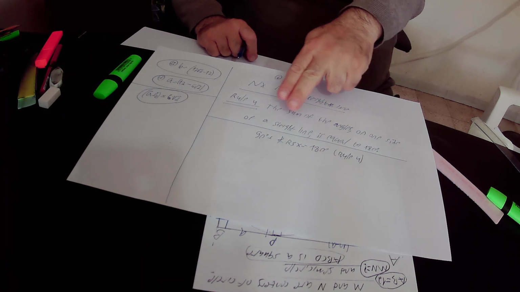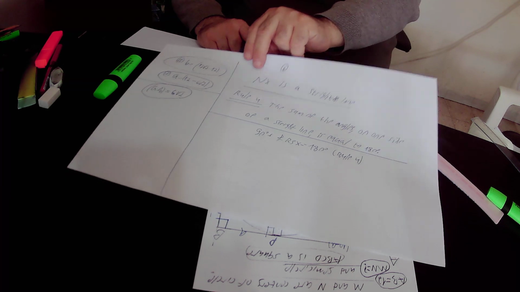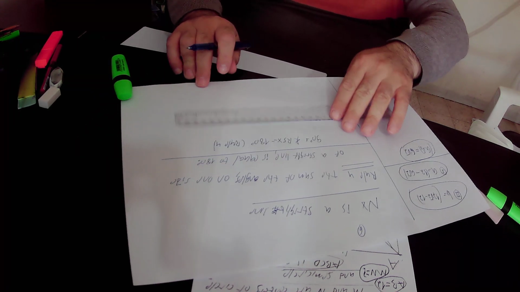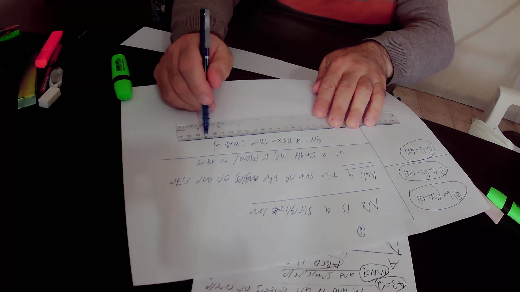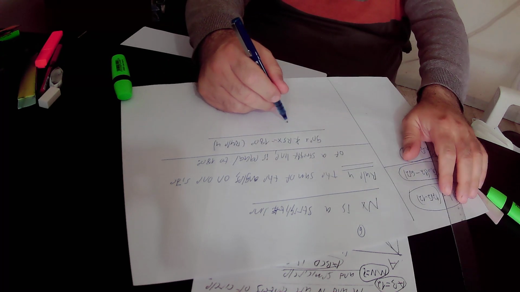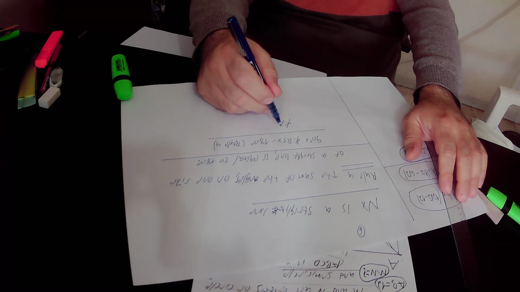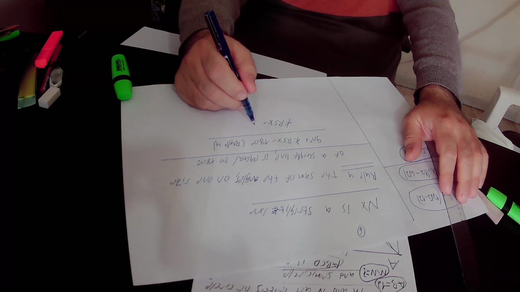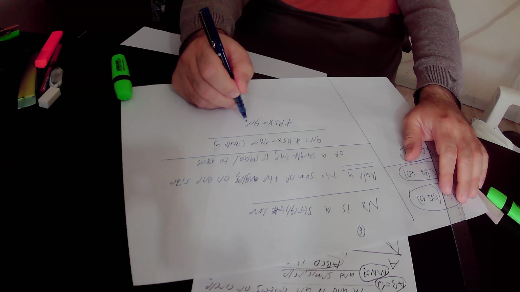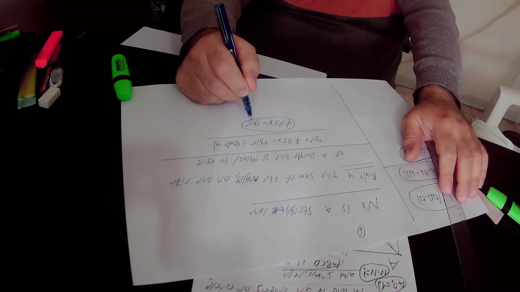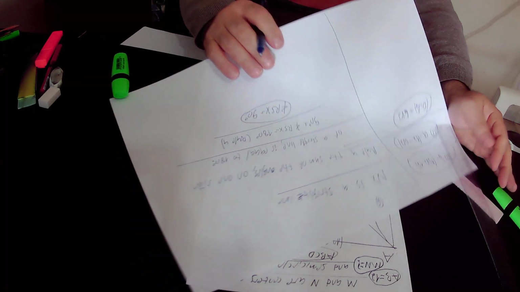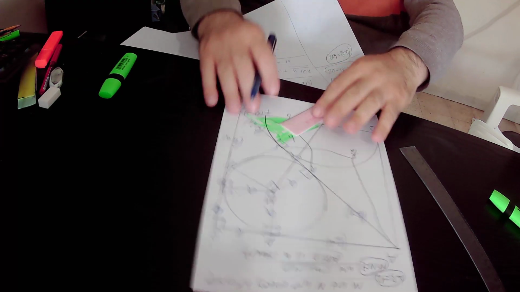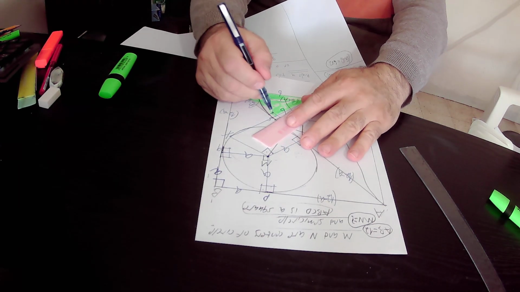So we subtract 90 degrees from this equation, and we get that angle RSX equals 180 degrees minus 90 degrees, which is 90 degrees. Angle RSX is a right angle.